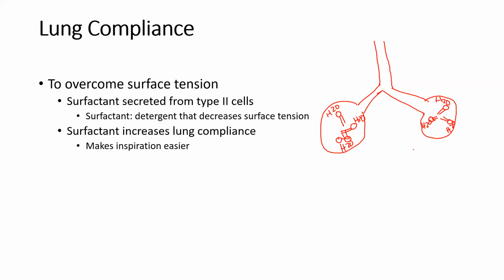So the presence of surfactant increases lung compliance and actually makes it easier for inspiration to occur. And just a quick clinical correlation here, surfactant is not created until very late in fetal life. So beyond the 3rd trimester of life is when the lungs start to generate surfactant. And so if we have premature newborns or newborns who are born before term, they typically don't have this on their own.